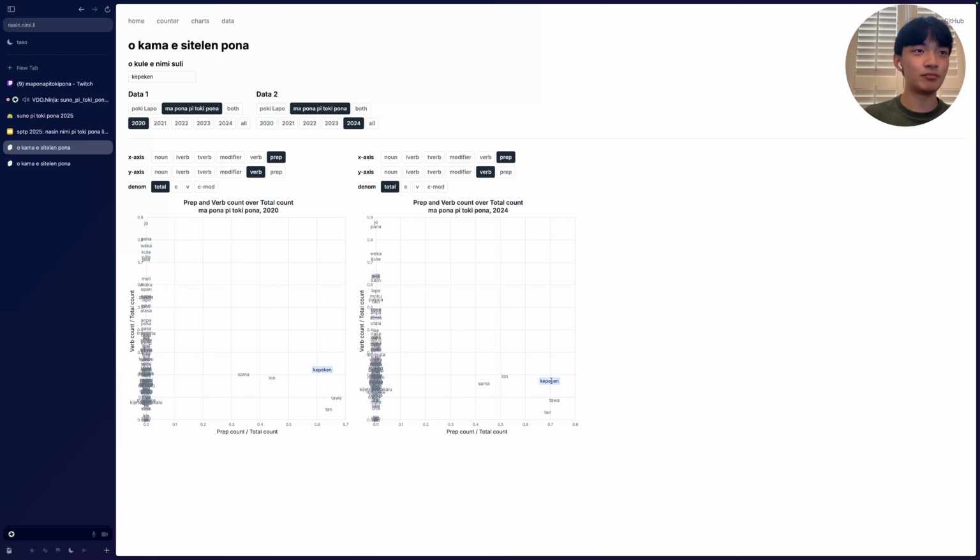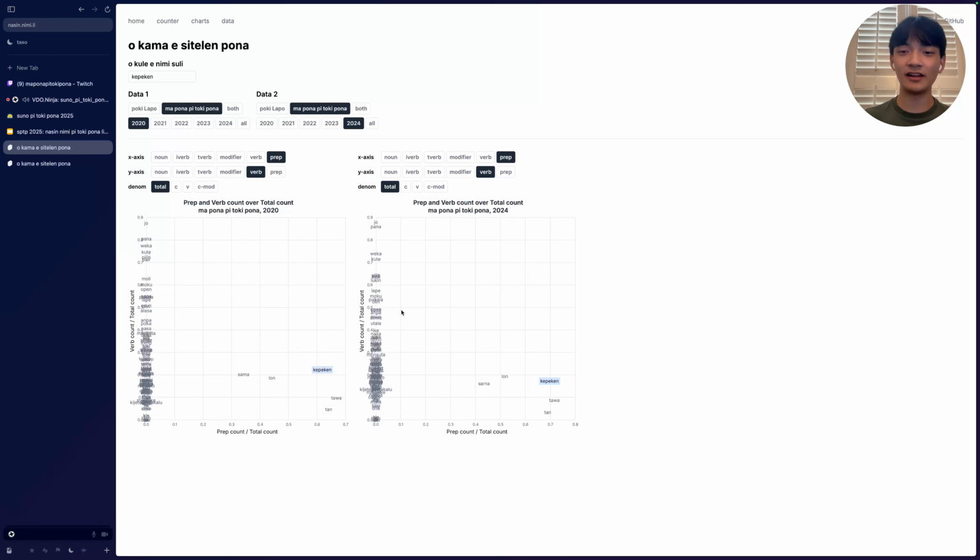Kepeken is used as a preposition 70% of the time in 2024, but in 2020 it was used as a preposition like 60-ish percent of the time, and it was also used as a verb more. So this is also more evidence that kepeken e has fallen out of fashion, and kepeken as a prepositional verb is more common than it was before.